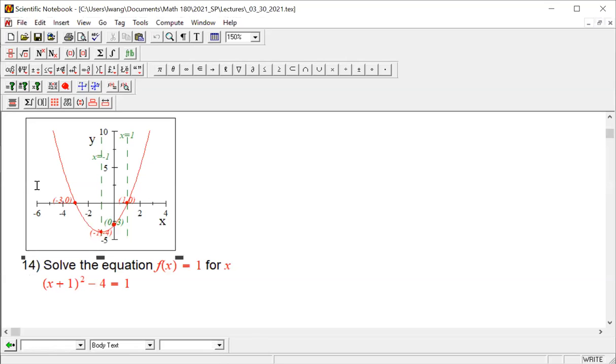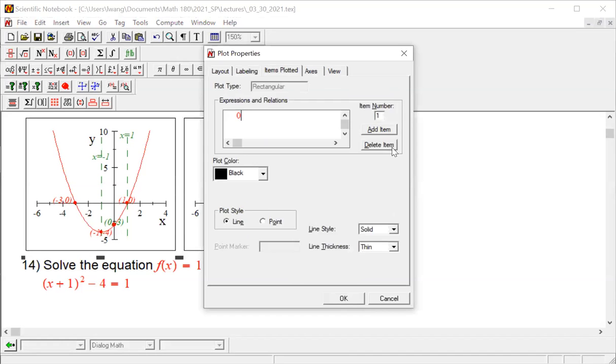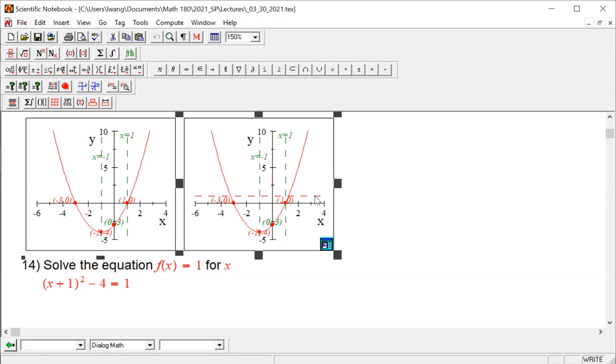So we're drawing a horizontal line. This horizontal line is going to be y equals 1. And we're going to use red to do the cut. So f of x equals 1.